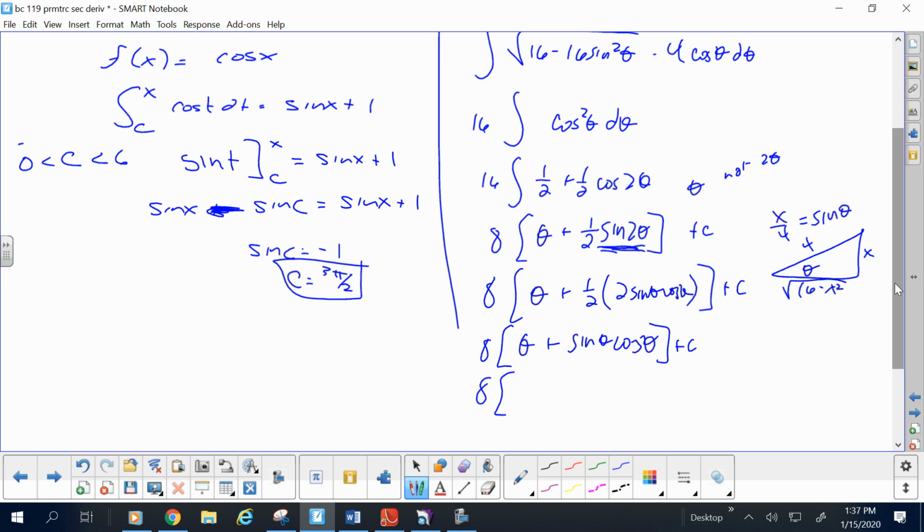It is arcsine of x over 4, thank you, Bethany. And what about sine theta? And cosine theta? The square root of 16 minus x squared over 4. All right. You'll follow? Okay.